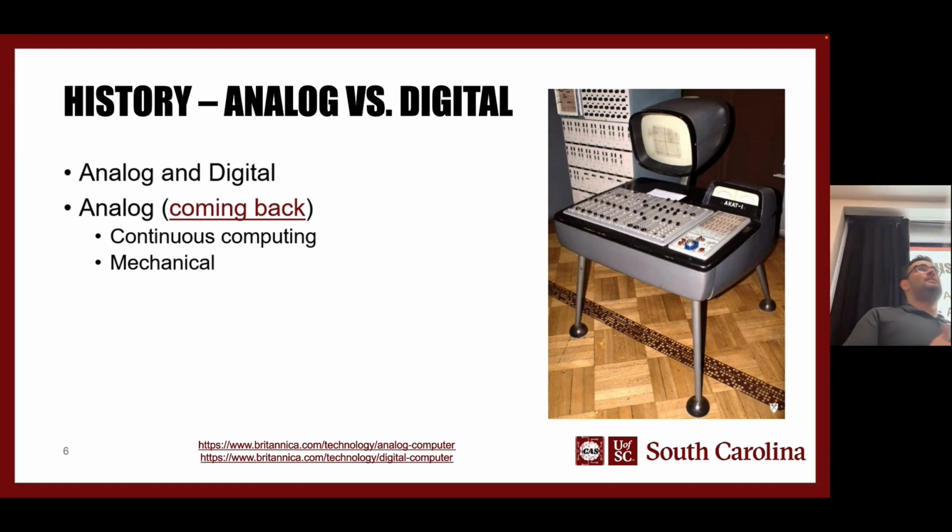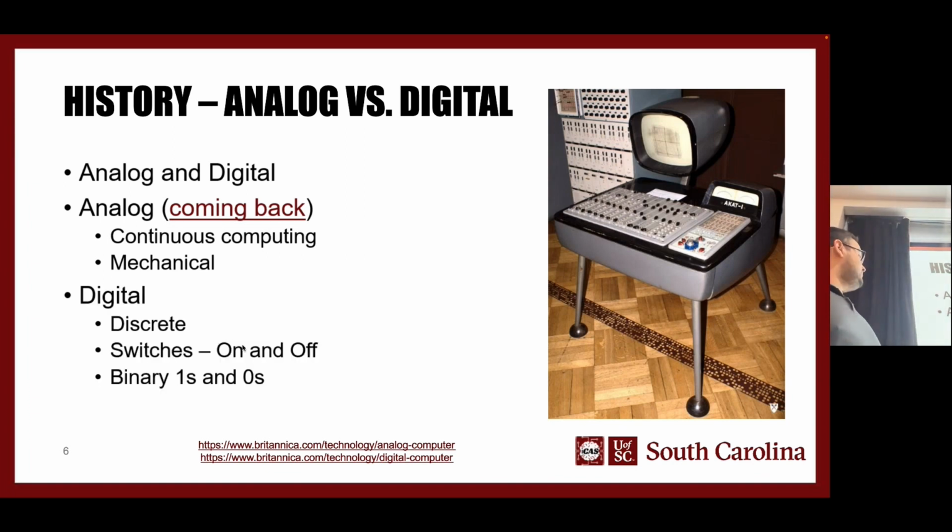It's coming back now because it's much better at solving some problems than digital, for example. So you have continuous computing, things that need mechanical or continuous computation instead of discrete, like binary zeros and ones.